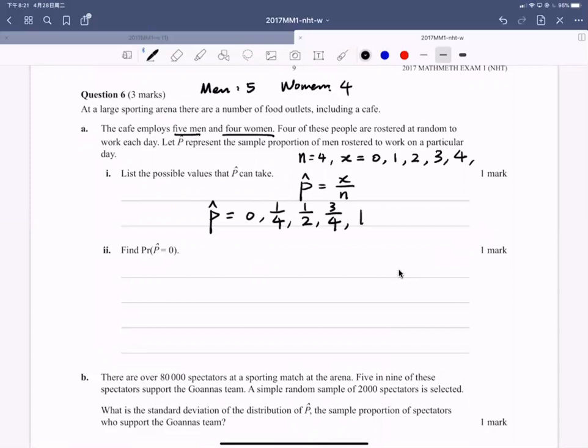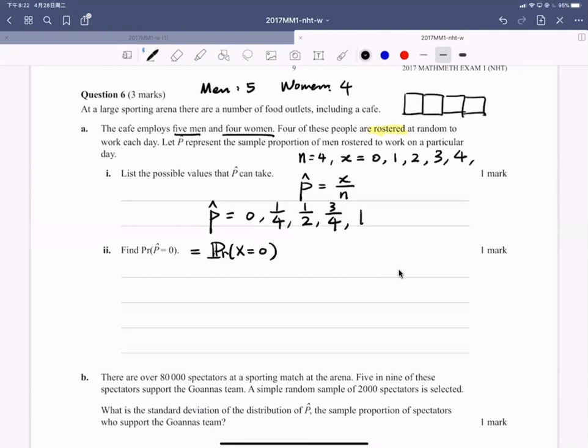Now, for P hat equals 0, that means your X value equals 0. But can we use binomial distribution? No. The trickiest part of this question is understanding the term rostered. For example, if you have 9 people at the very start, let's use this diagram.